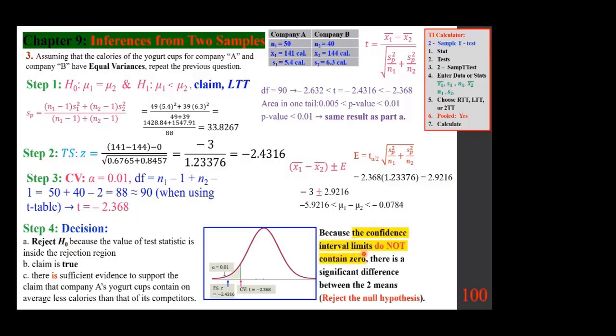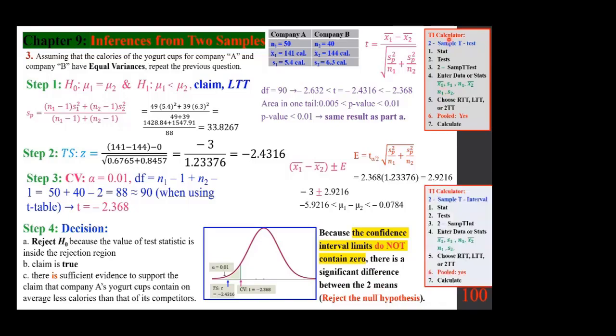Because the confidence interval limits do not contain 0, there is a significant difference between the two means. Reject the null hypothesis. If we were to do it with technology, those are the commands we need to use. And again, you have them in the PowerPoints.